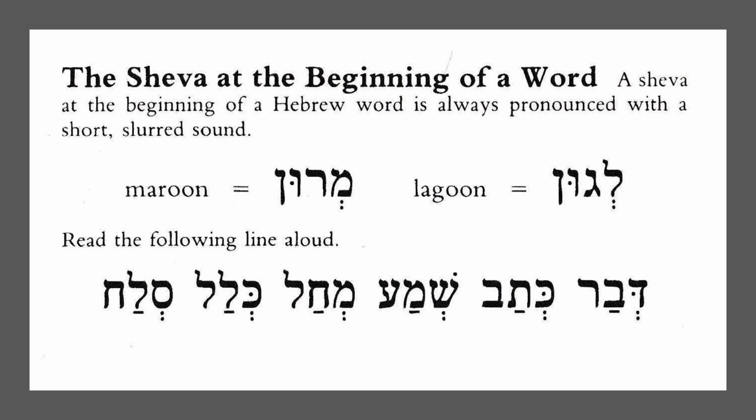So again, the grammar books that tell you that it is not a vowel would say that this is simply one syllable, lagoon. There's no real break between the L and the G. Same here: maroon. There almost is no sound between the M and the R.